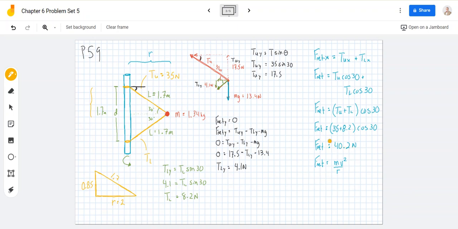So I'm going to plug and chug here. So the net force is 40.2. The mass is 1.34. Speed is what we're solving for. I'm going to divide by, oh, R can't be 2. I'm sorry, I must have made a mistake.